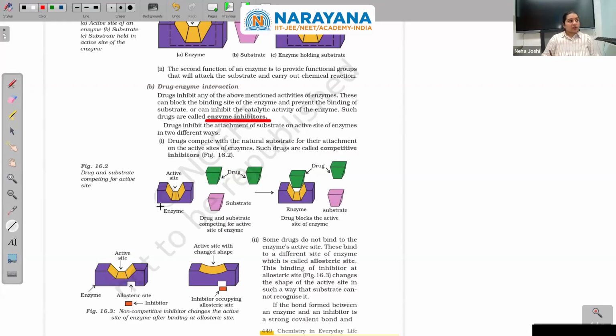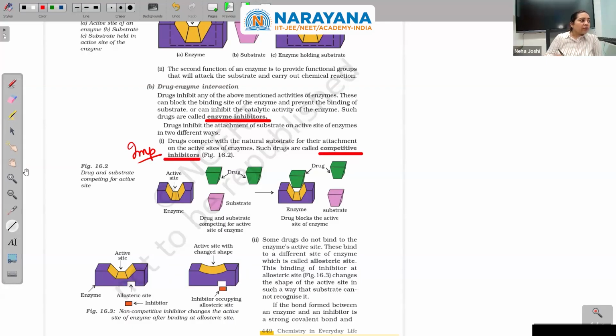Now this is important, right? How is this important? What we expect, I'm telling you. See, definitions will come. Drugs compete with the natural substrate for their attachment on the active site of the enzyme. Such drugs are called competitive inhibitors.